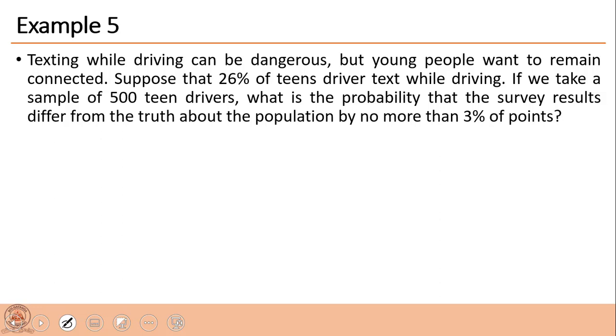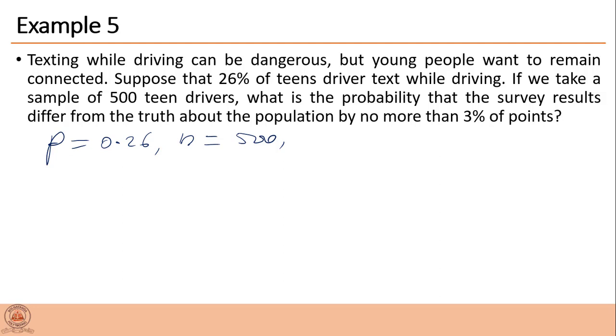where our p, the probability of a success, is equal to 0.26. Our sample size is equal to 500. And then our standard deviation, we can derive it from the p and the n.